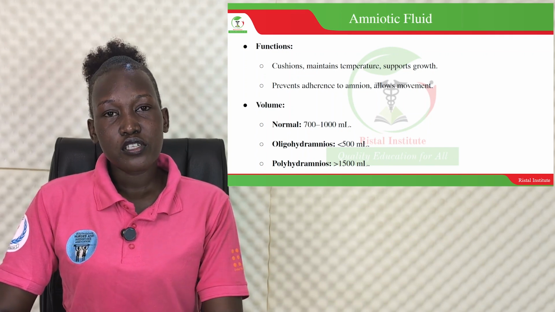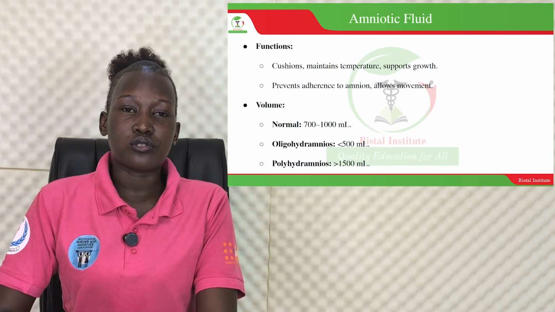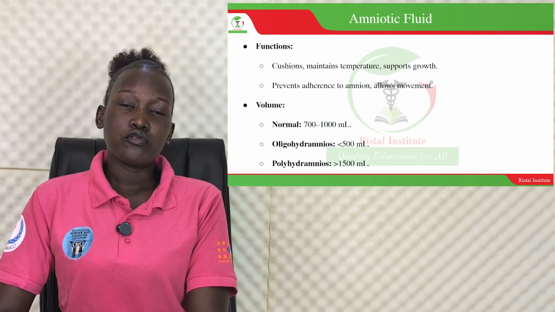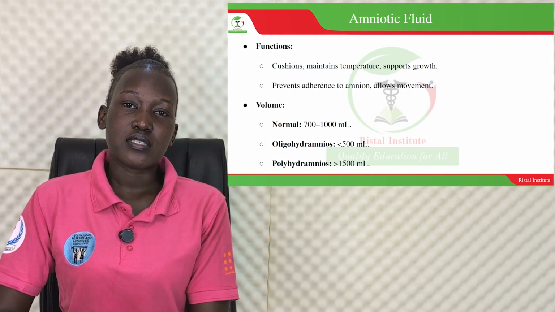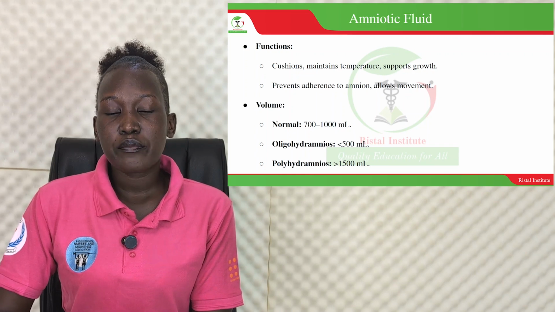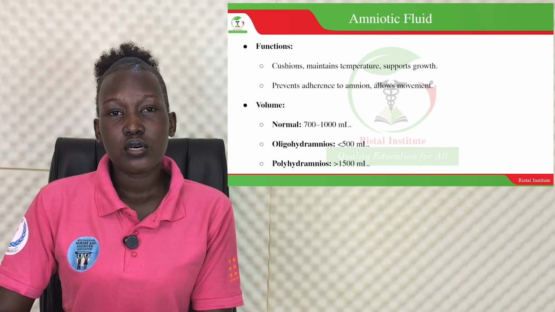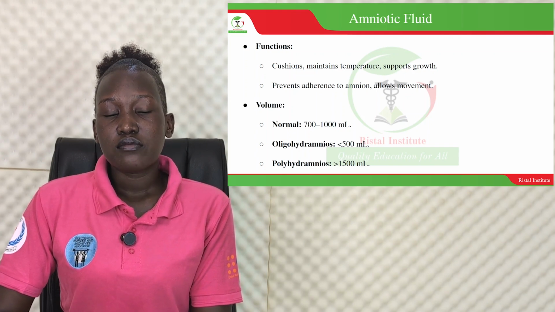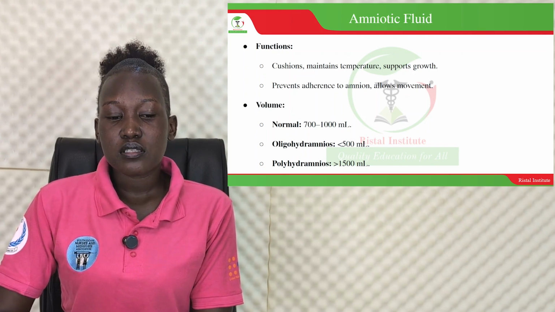So this amniotic fluid forms because it is like a cushion, like a bed for the neonate or for the fetus or for the embryo at that time. So it maintains temperature for the fetus. It supports its growth.